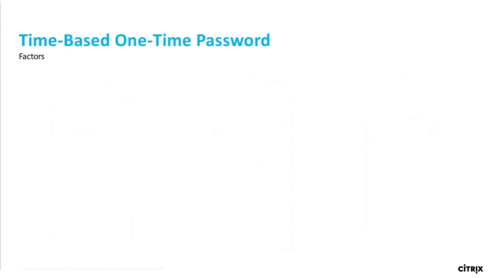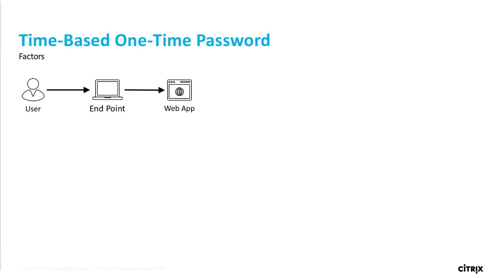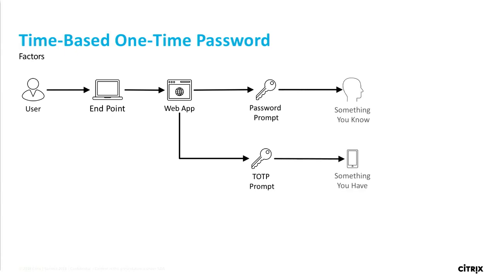So when we go back to factors now, let me show you why this is now considered multi-factor. User uses their endpoint, they launch a web application. The web app is now going to provide you with a password prompt, and it's going to provide you with a TOTP prompt. And then based on you putting those in correctly, you get authenticated.